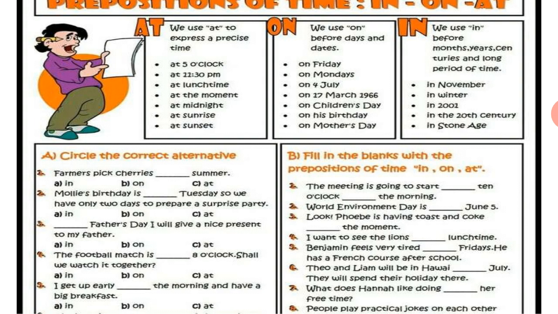It is very easy to do this exercise. For better understanding, just watch this video twice or thrice, observe the lines, observe the examples, and then you can easily get the prepositions.